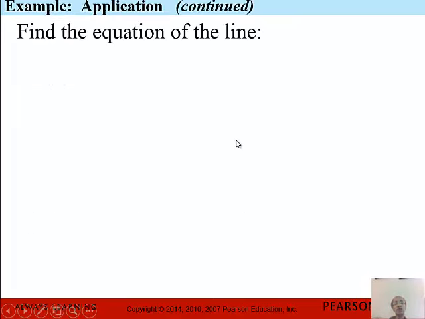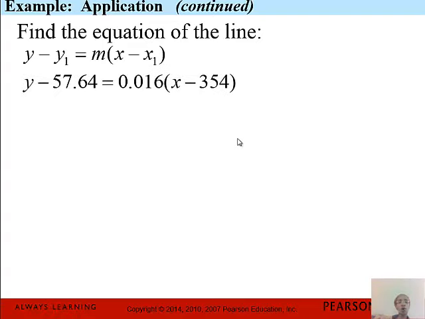Now, to find the equation of the line, we're going to use the point-slope form of the equation, since we have a point and the slope. So y minus 57.64 is our slope, 0.016, times the quantity x minus 354.